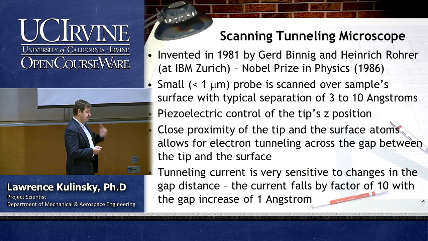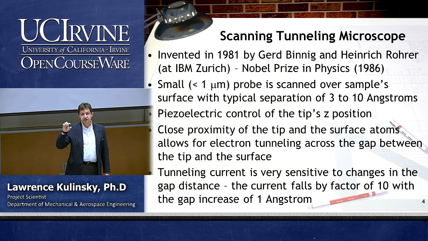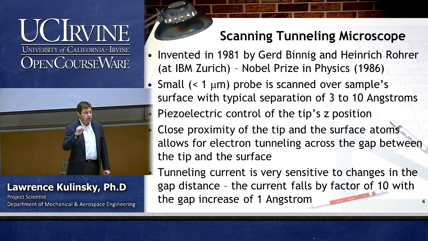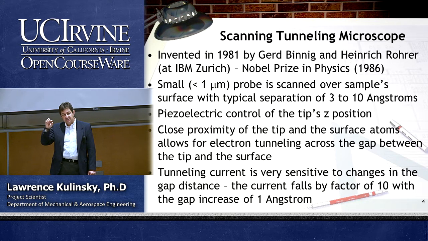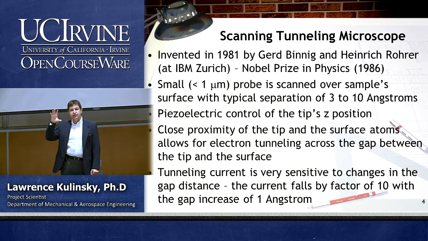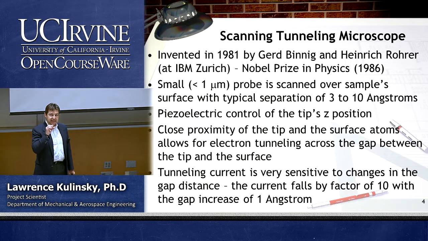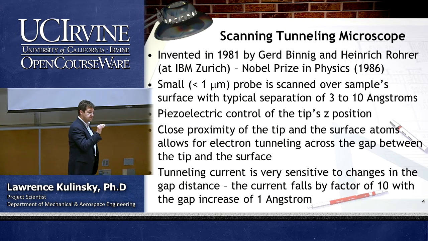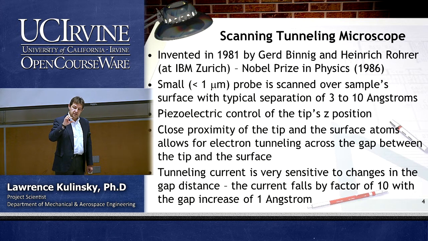So tunneling current is very, very sensitive to changes in the distance between the probe and the surface. If the distance changes by just 1 angstrom, the tunneling current changes by a factor of 10. That sensitivity actually allows us to control the distance between the probe and the surface very finely.